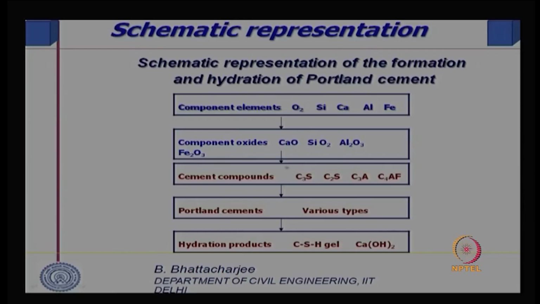Then from the oxides follow the compounds of cement, and they are C3S, C2S, C3A, C4AF. All this combination gives us Portland cements of various types, and when hydration occurs in the presence of water, it gives us two products, CSH gel and calcium hydroxide. So far we have not looked into this.